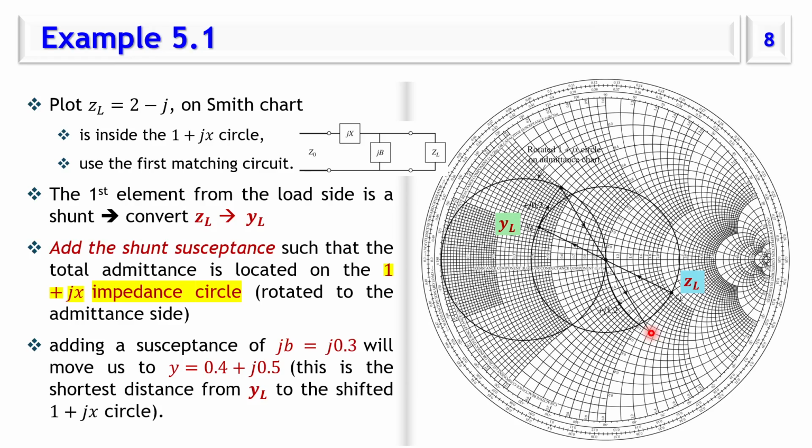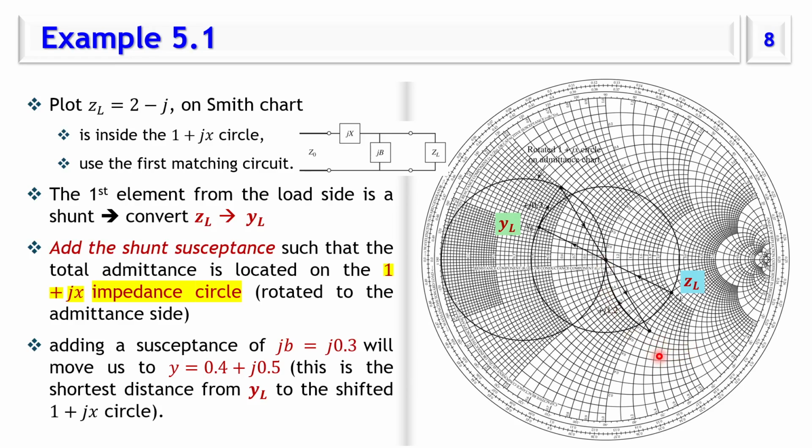So we are here. This is the input impedance at this point, and we want the input impedance from this point to equal 1. So we need jx to take us from this point to the center, which is the match. What is the value here?